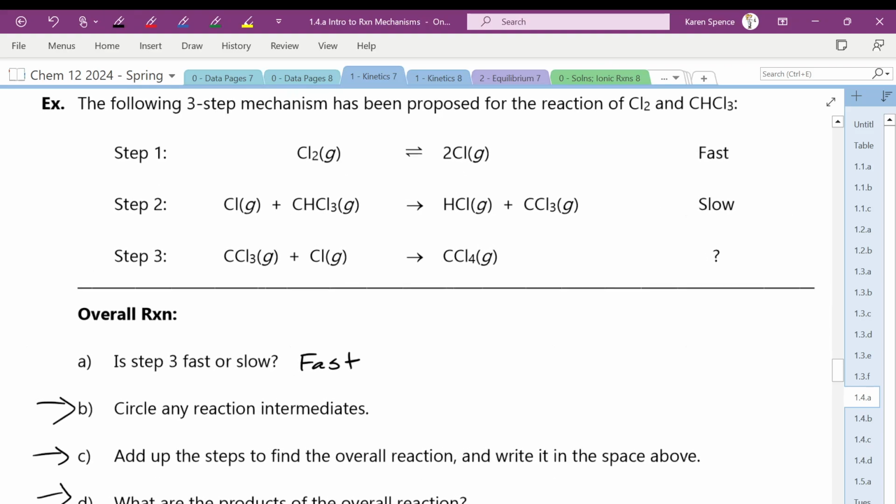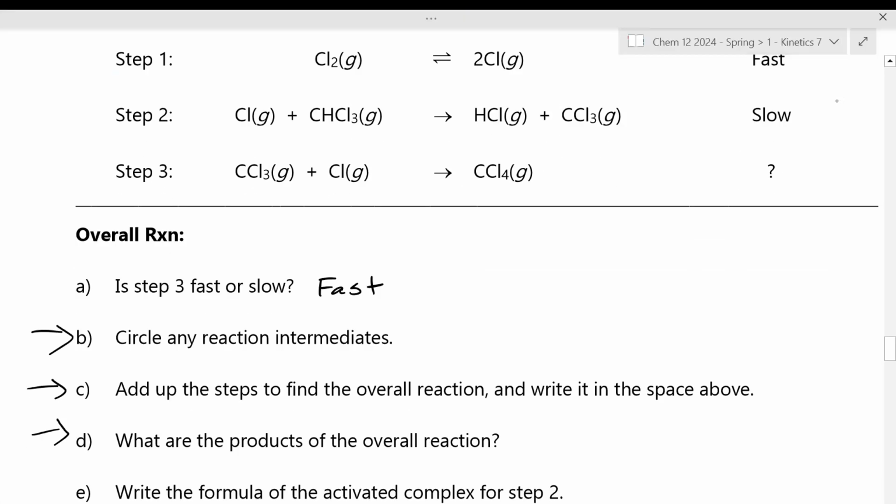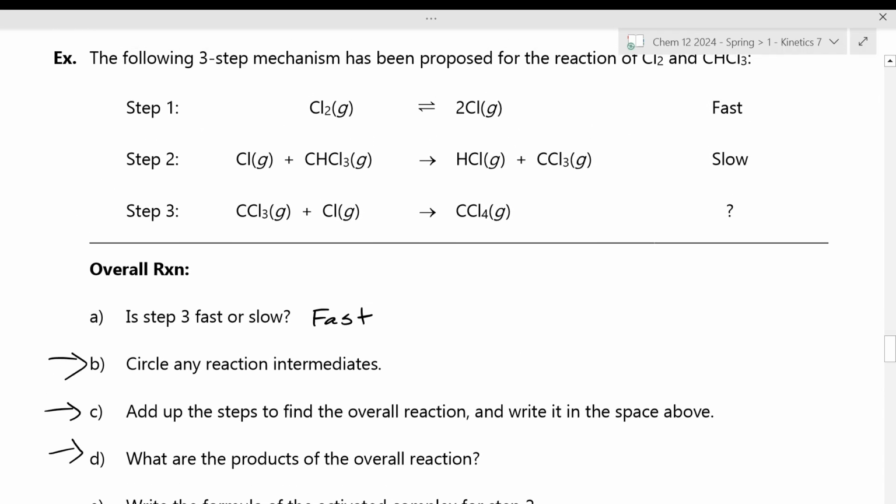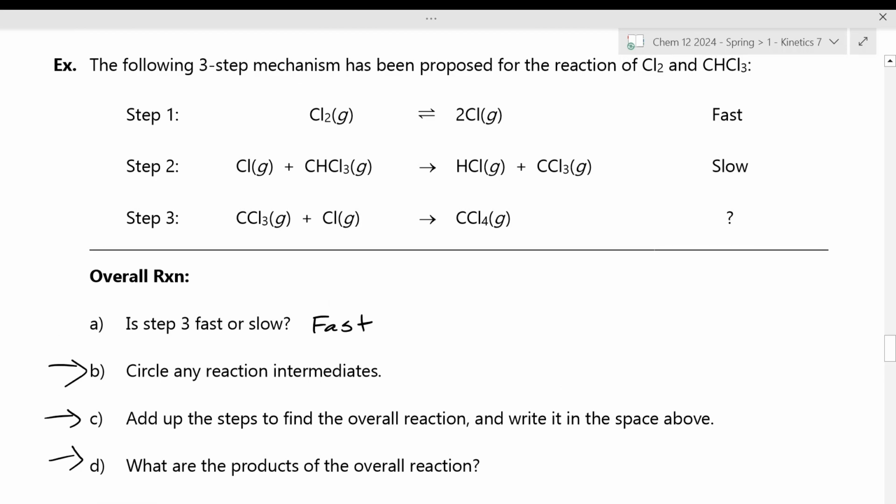So give those a try. Once you have answered the questions, check with your partner and see if they get the same thing as you do.